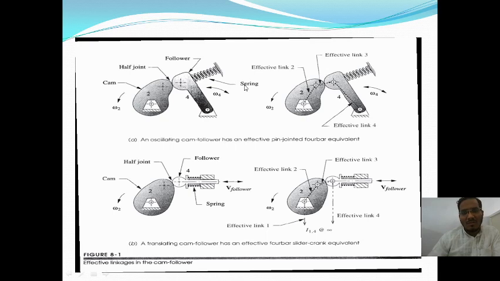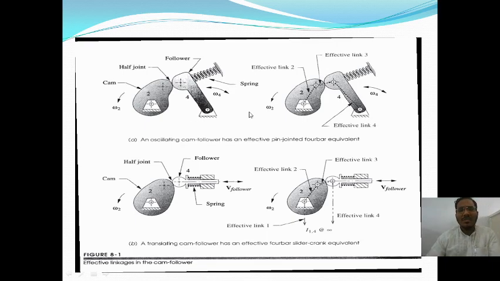We are using springs here. The spring gives force to the follower, and the follower gives force to the cam, so that if the cam is rotating, the follower will move to the right-hand side, then come back again, then right-hand side, then come back again.